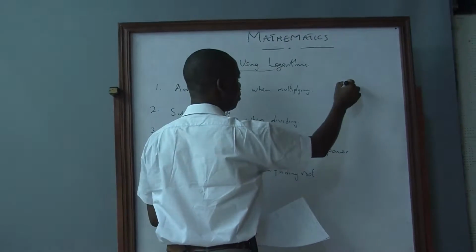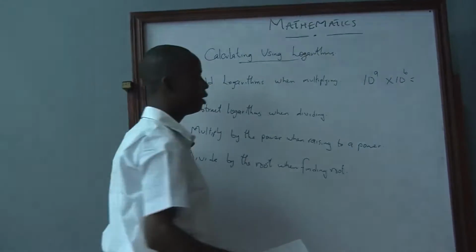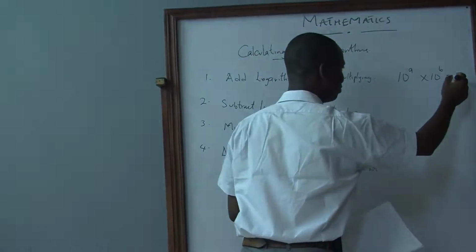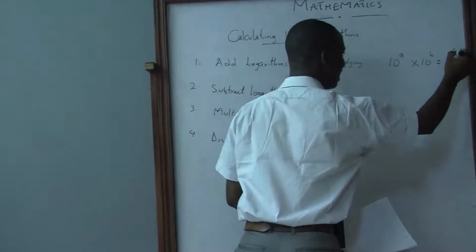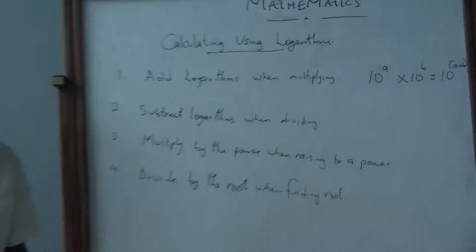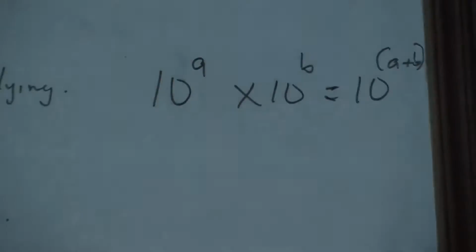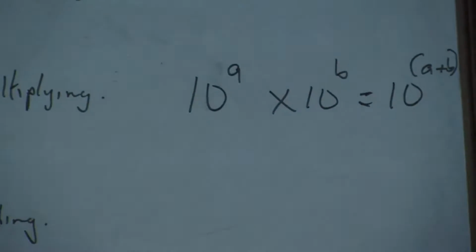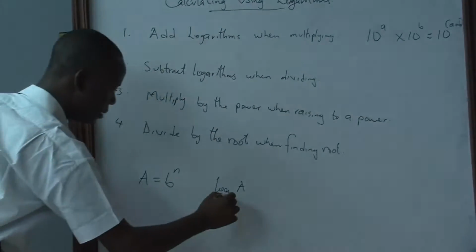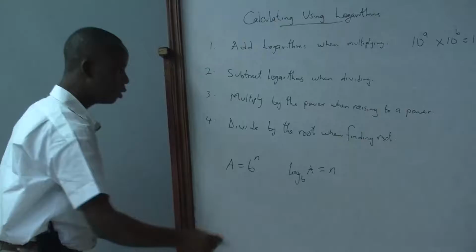If we have 10 raised to the power of A times 10 raised to the power of B, I'm talking about the indices now, this equals 10 raised to the power of A plus B. Now, mind you, from our knowledge, A equals B raised to the power of n implies that log of A in base B equals n.